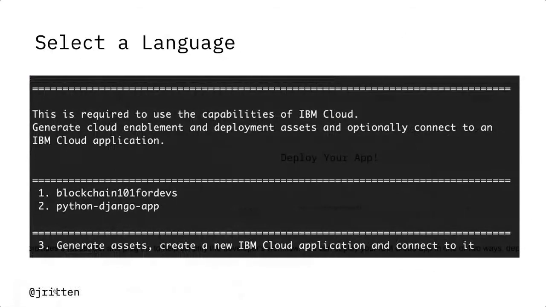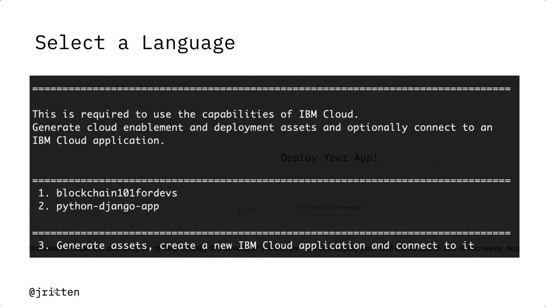And then here, to use IBM Cloud, we need to generate the cloud enablement and deployment assets and optionally connect to an IBM Cloud application. So it'll ask you to create a new IBM Cloud application and connect to it, or you can choose one of your applications. So I have a local Python Django application that I created.